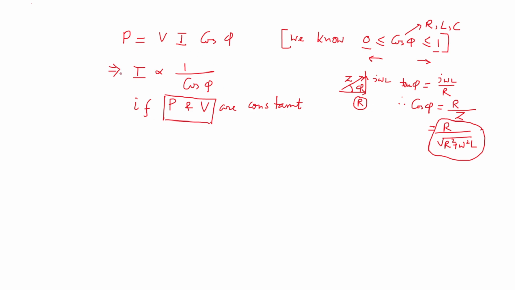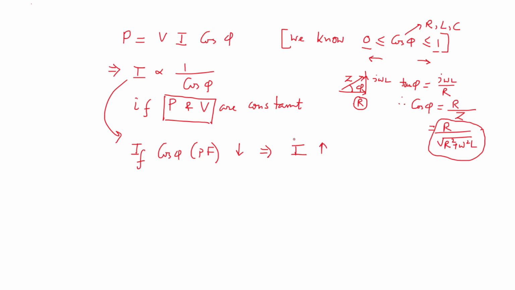So from this expression we can say that current is inversely proportional to the power factor. Now from this result, what we can observe is that if cos phi or power factor is less, the immediate conclusion is that I will be more.